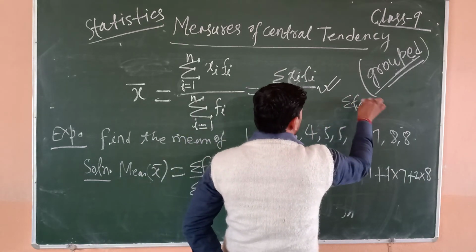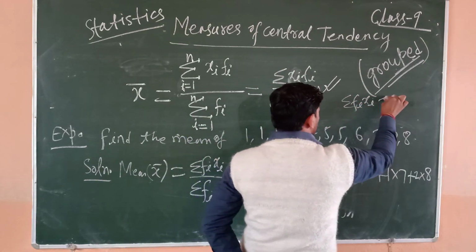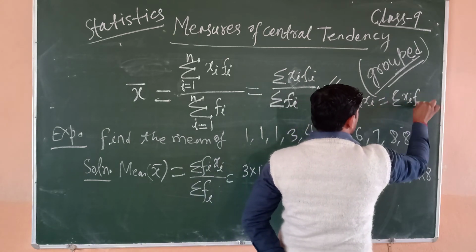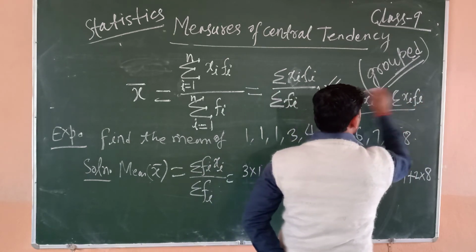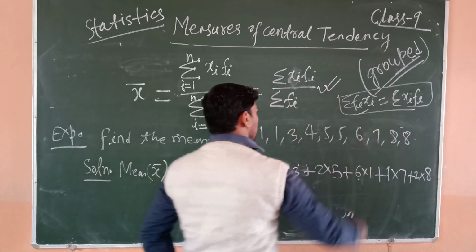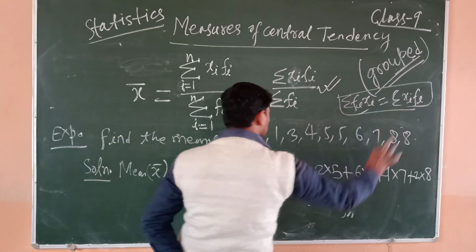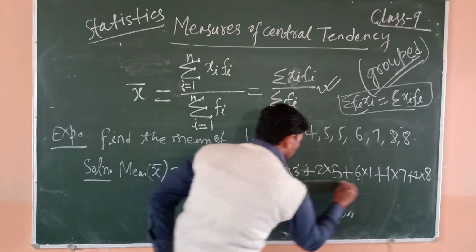Sigma fi xi or sigma xi fi, both are same. So do not confuse sigma fi xi and sigma xi fi.